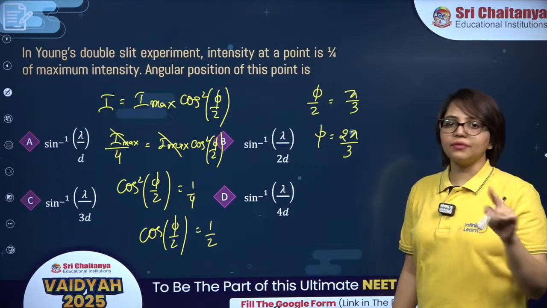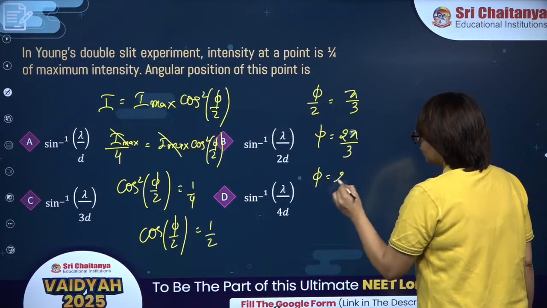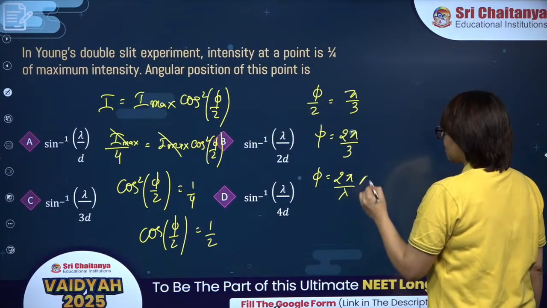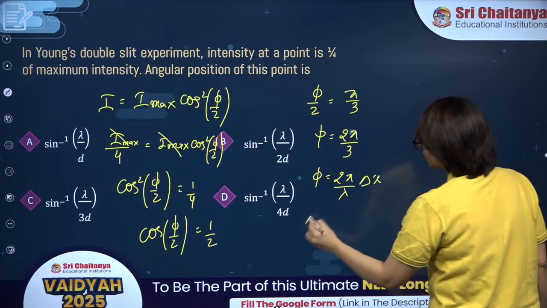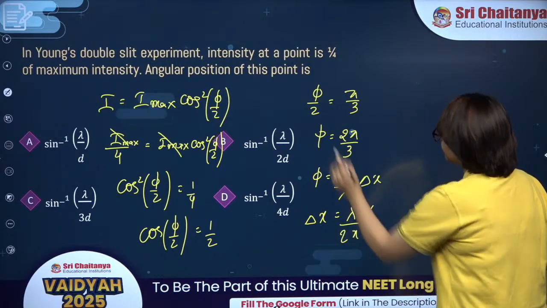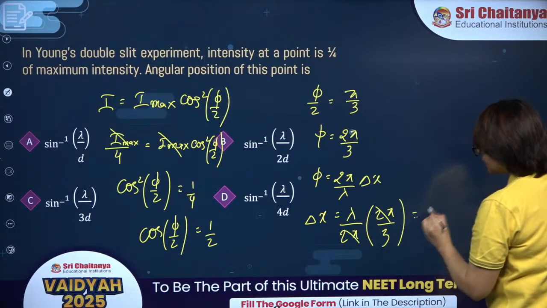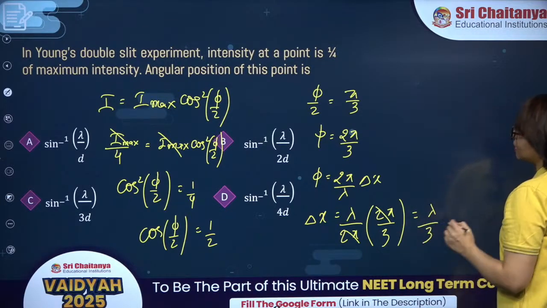Now using phase difference, find the path difference. So phase difference is equal to 2 pi by lambda times the path difference, right? So path difference will be lambda upon 2 pi times the phase difference, which is 2 pi by 3. 2 pi cancels, so path difference is lambda by 3.